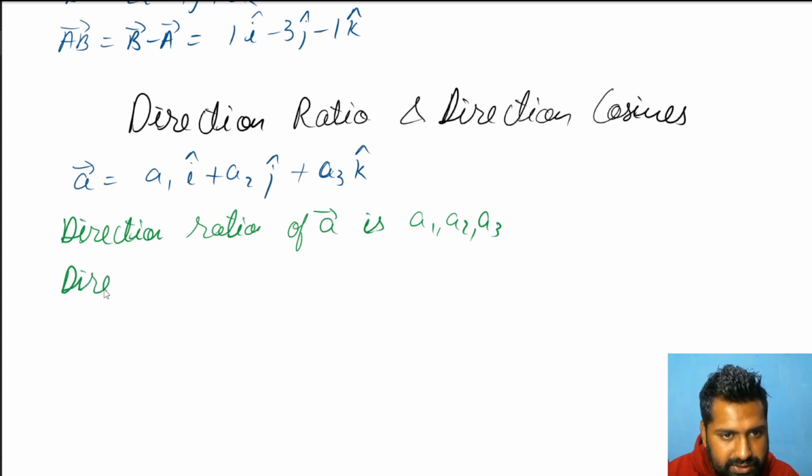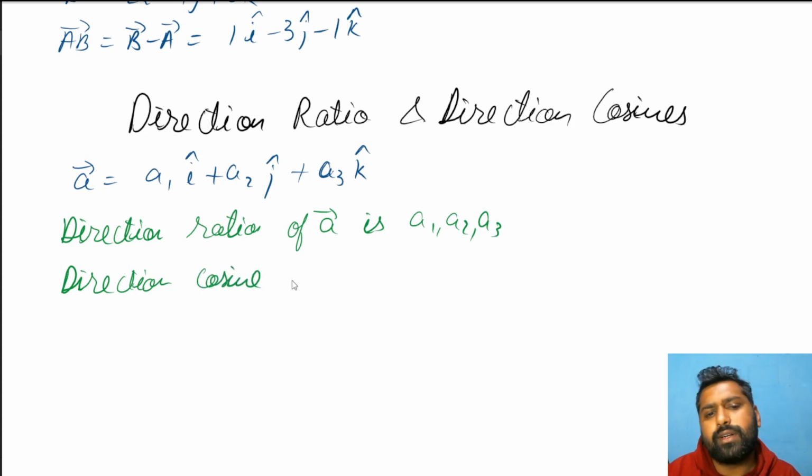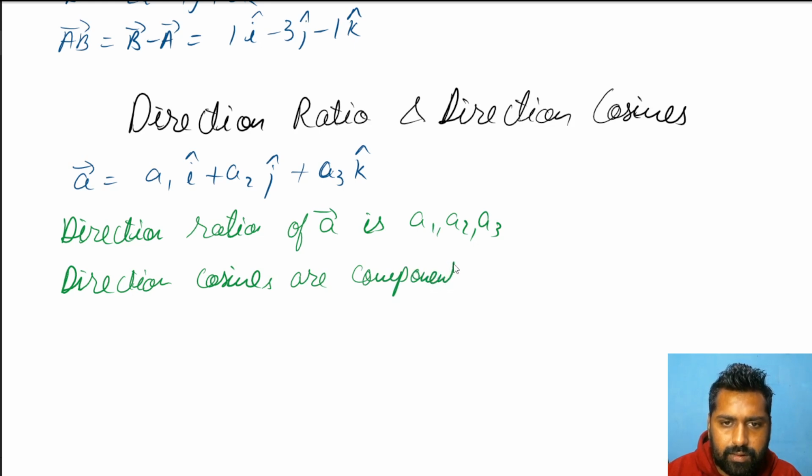So direction cosine, again, students have the tendency to learn formulas for it. Yes, you can learn. I mean, it's not difficult. I will also give you the formulas, but just understand, direction cosines are components of A cap vector.